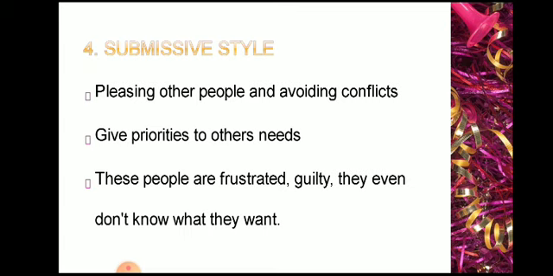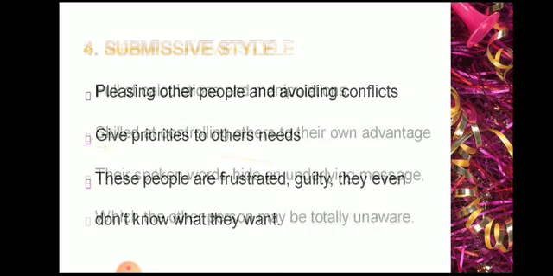In major cases, that person is guilty or has frustration in their mind, and they don't know what their needs, targets and goals in life are. That is the submissive style.